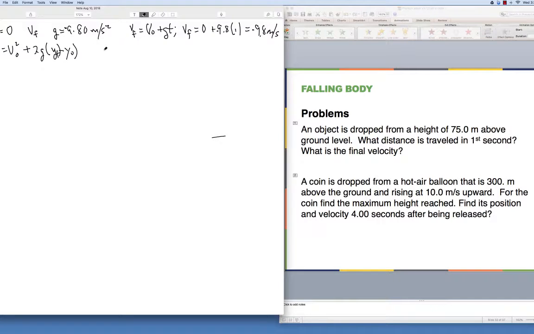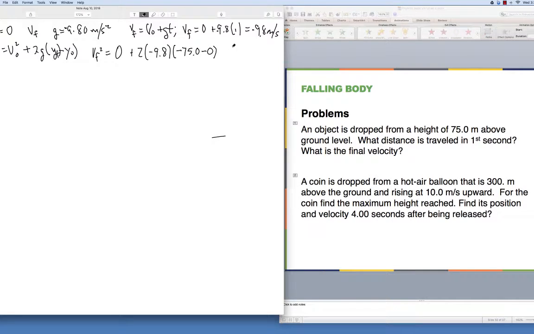We want to find Vf. So Vf squared is going to equal, the initial velocity is 0, plus 2 times minus 9.8 times, it's 75 meters, so it's minus 75 because it's falling, minus 0.